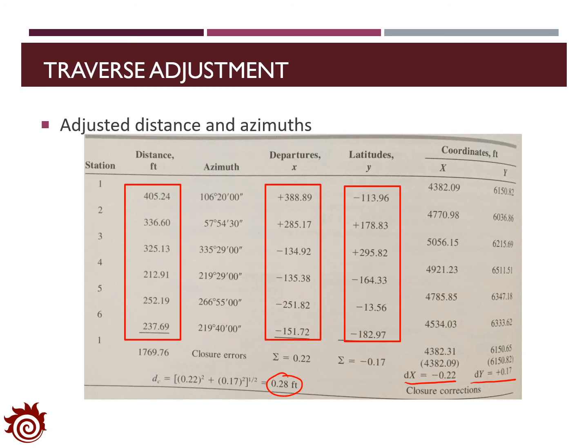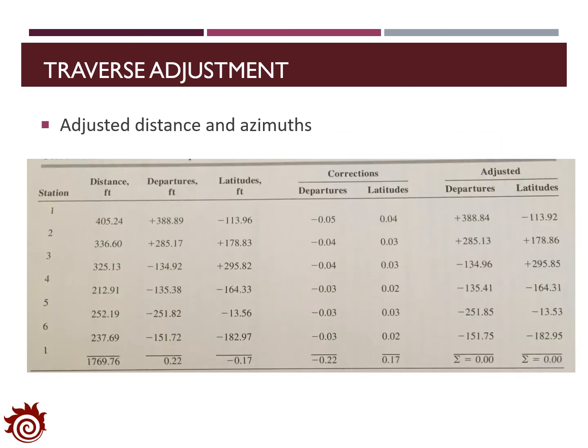We can use this information for the adjustment about the coordinates. The table here shows the results for the correction. Here we will use the distance, departure, and the latitude of all the lines in this closed loop traverse. And then we will apply another equation for the correction of the departures and the latitudes.